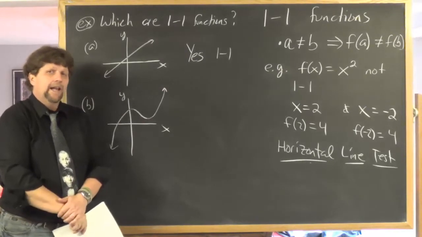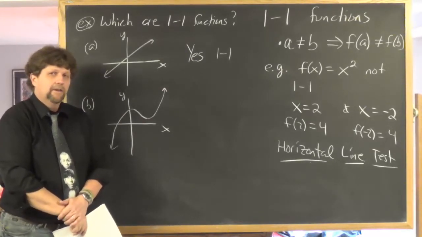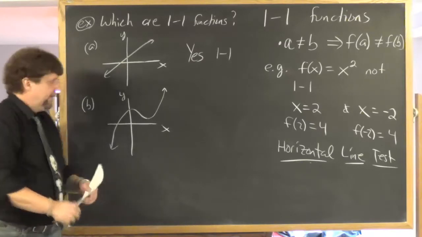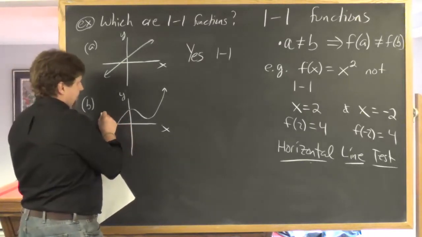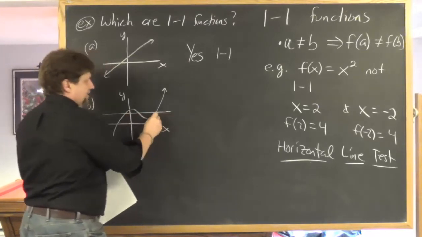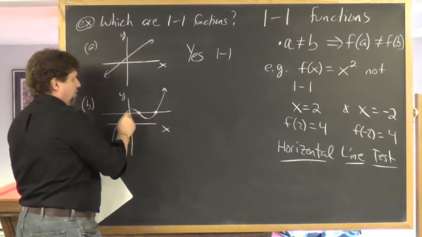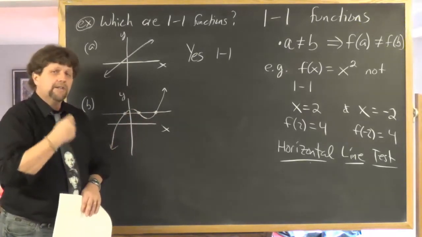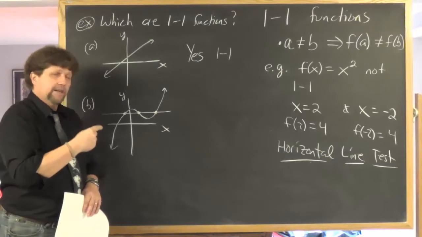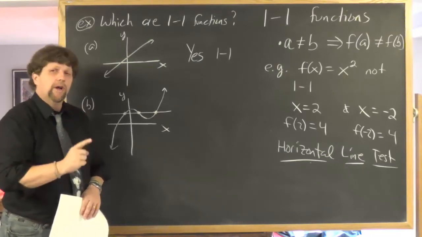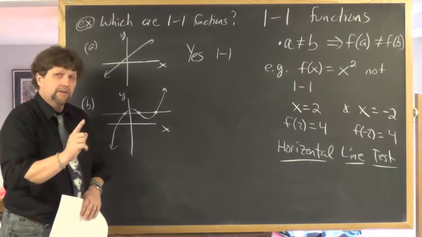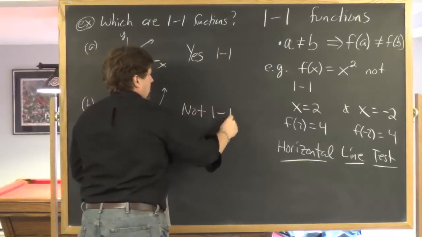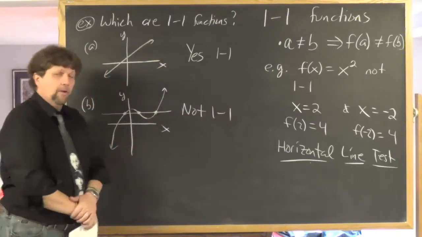Question, is it a one-to-one function? The answer is no, it is not a one-to-one function, because I can draw a horizontal line right here that intersects the graph in more than one point. Heck, it intersects that graph in 3 points. It only takes one horizontal line to say that this is not a one-to-one function.